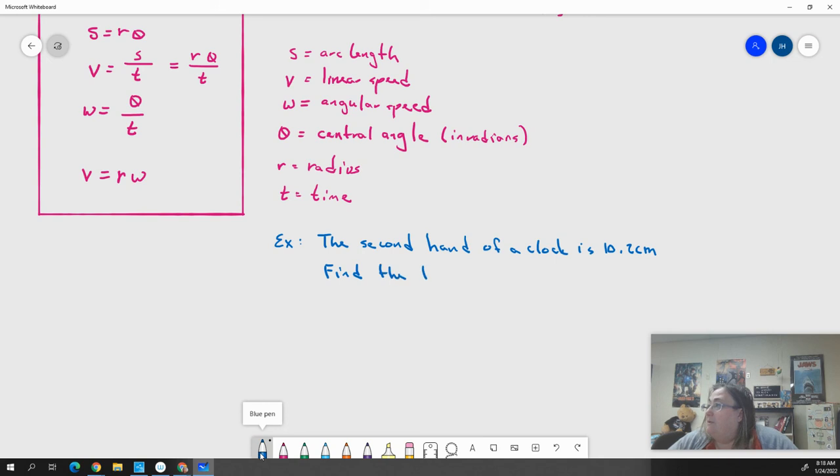Find the linear speed of the tip of the second hand as it passes around the clock face.